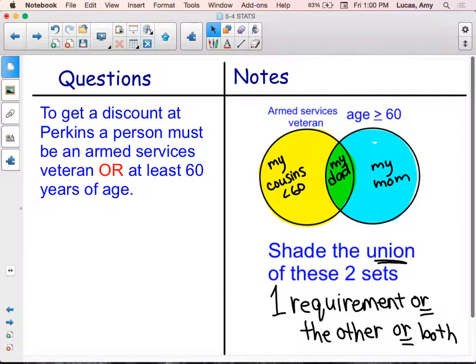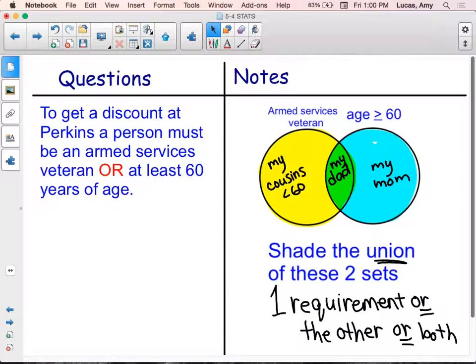So it's very different from looking at an intersection, where an intersection is only people who are in that intersecting piece, that green piece on the Venn diagram here. The intersection, you had to meet both requirements, so it was a really small group, like a narrow group. This one is saying if you meet one requirement or the other or both, all of you get the discount.